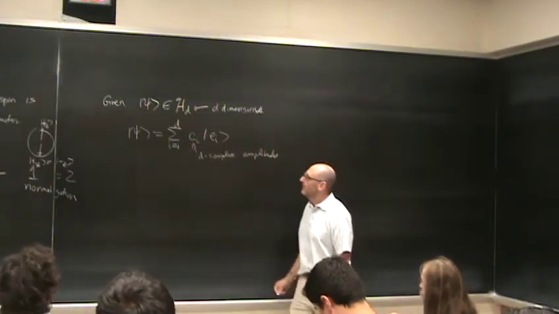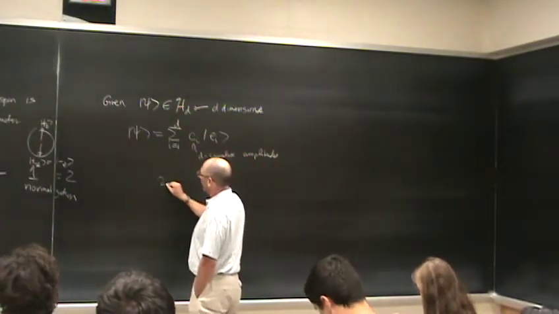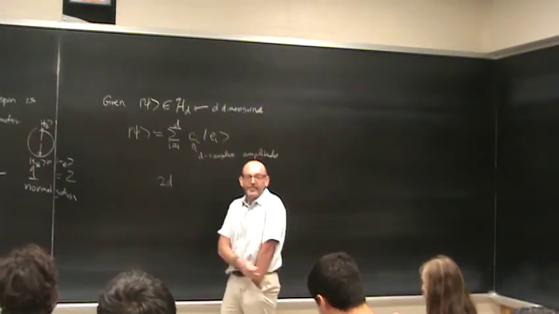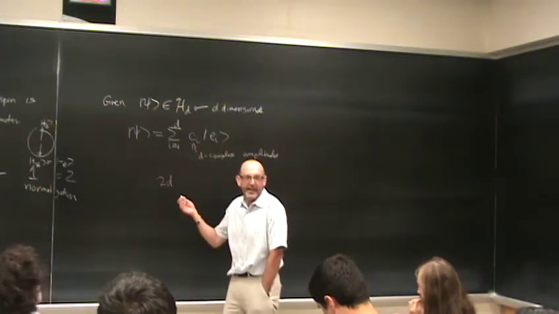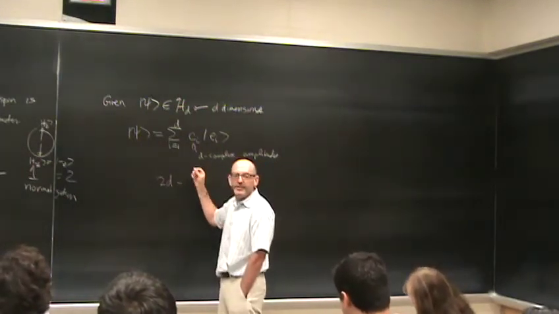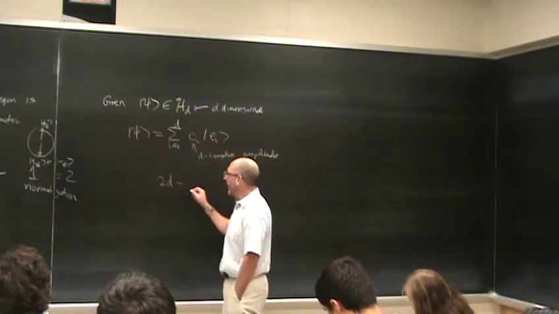So 2 times D is the number of complex amplitudes, right? However, I still have the overall phase. I can take that out; I don't need to specify it, so I can factor that out.